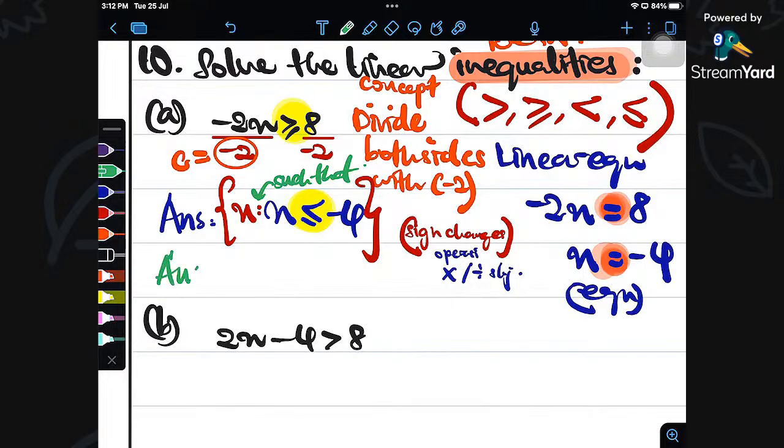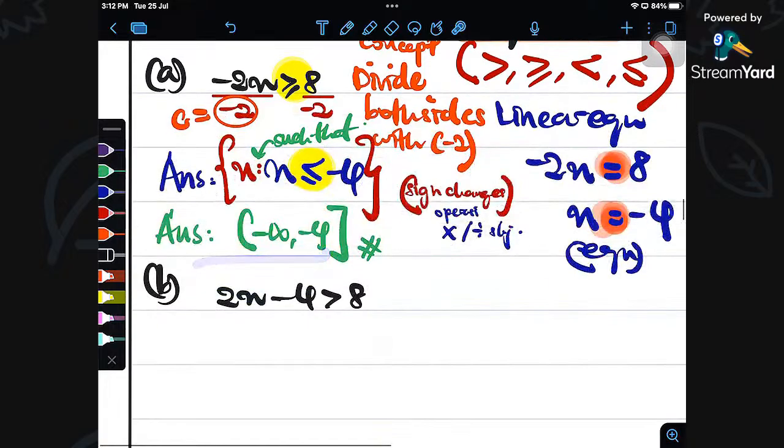And there is another answer which we can write in interval. The interval answer is from -infinity until -4, close with a close bracket. That is the answer for interval form. In interval form, I want you to write down both answers.